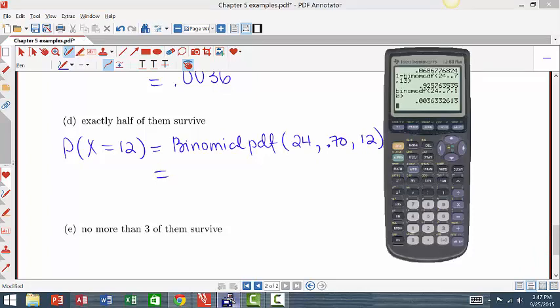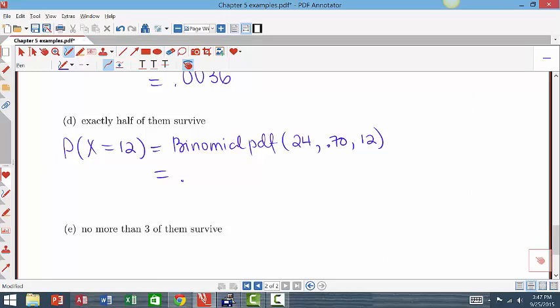Let's see what we get. So second distribution, 24 comma 0.7 comma 12 plants. Okay, and 0.199. Let's call it 0.02.